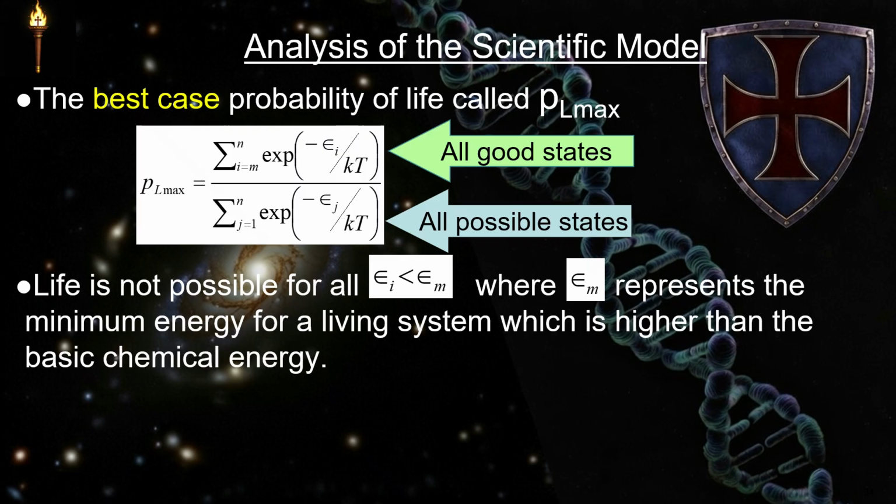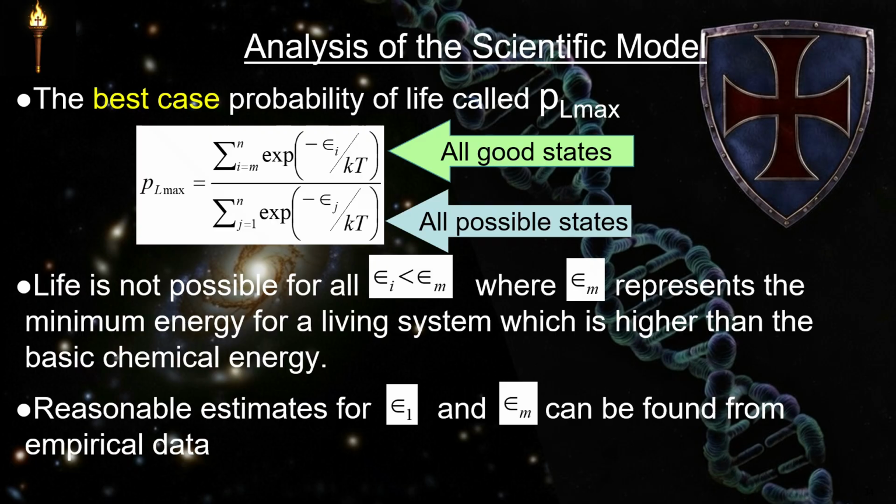And there may also be another cutoff point, but it isn't necessary, where the energy is too much and it destroys the cell, kind of like the grenade being pulled. That's an energy injection, but it's too much. So this again is like a probability calculation where you don't have one green ball in a bag. You have 10 green balls in a bag of 100 red balls. So the top part would be the 10 green balls, and the bottom part would be the total number of balls. And you're trying to calculate the probability of picking a green ball out of all the balls.